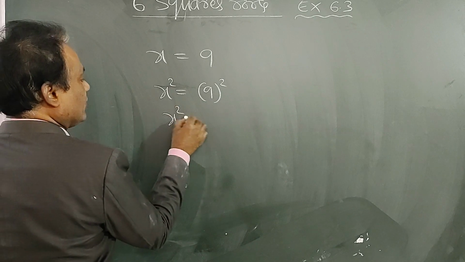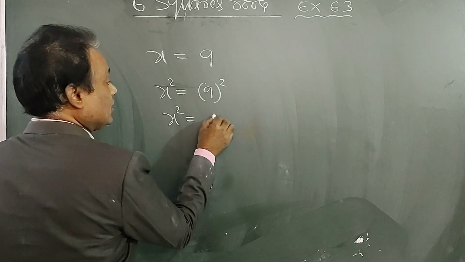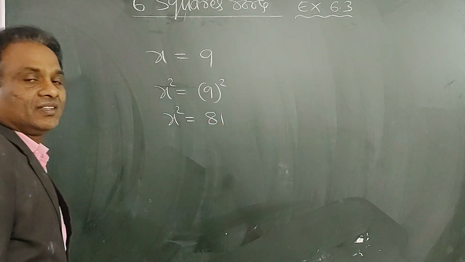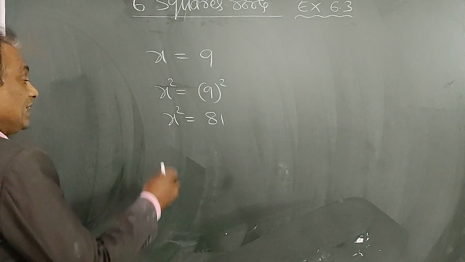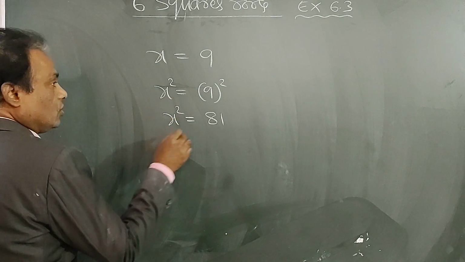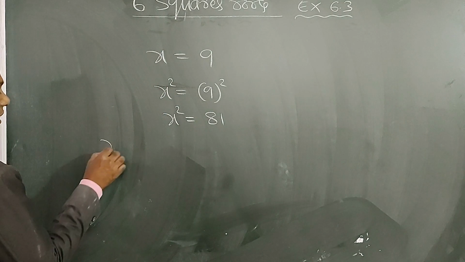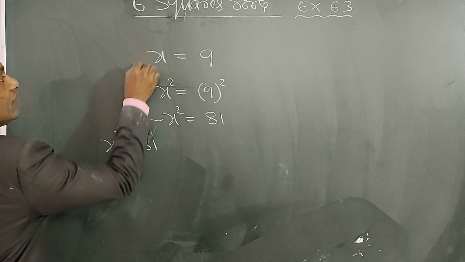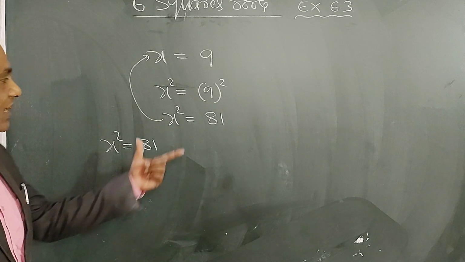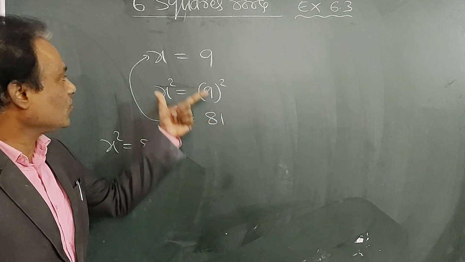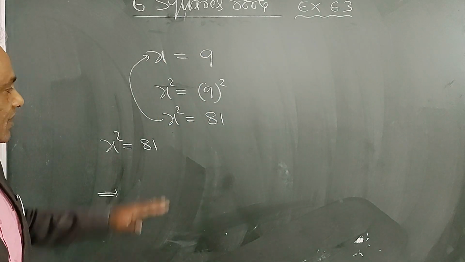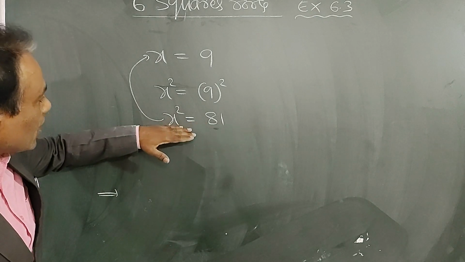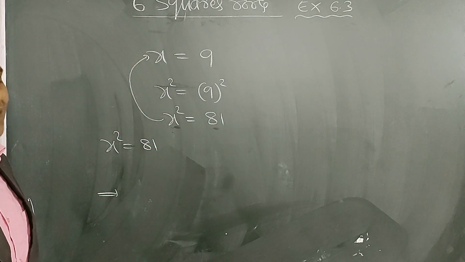So x square is equal to 9 into 9, 81. Now, suppose you got an equation x square is equal to 81. The question is, you have to find this x value. If x square is 81, how to find the x value?